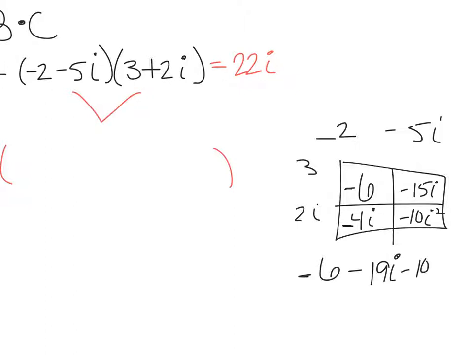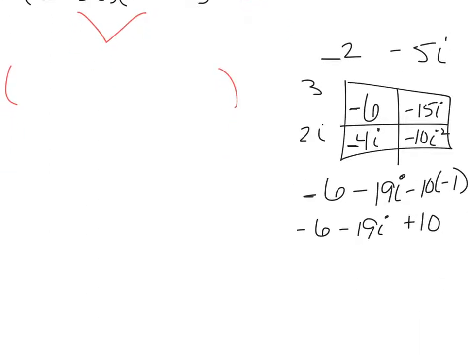But we know i squared is negative 1. So that ends up getting plus 10 minus 19i minus 6. You can add the 10 and the negative 6, and you end up getting 4. So minus 19i plus 4.